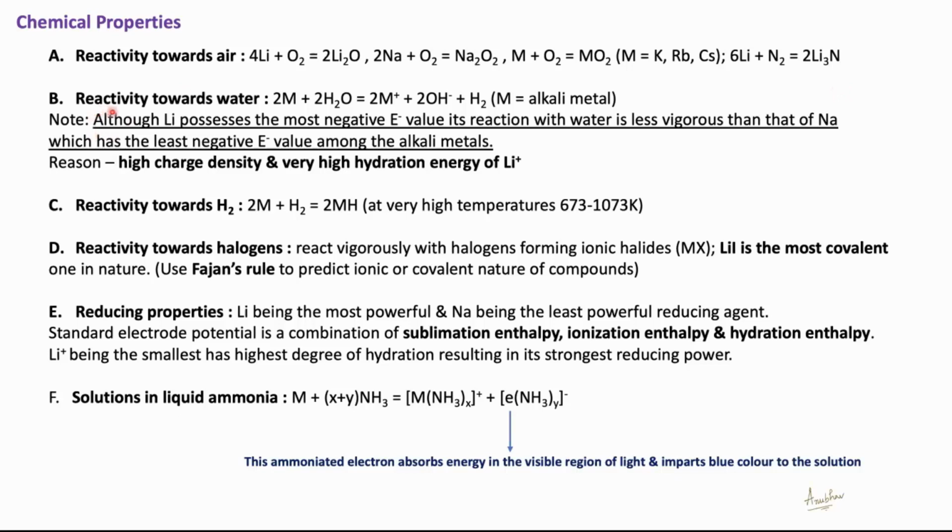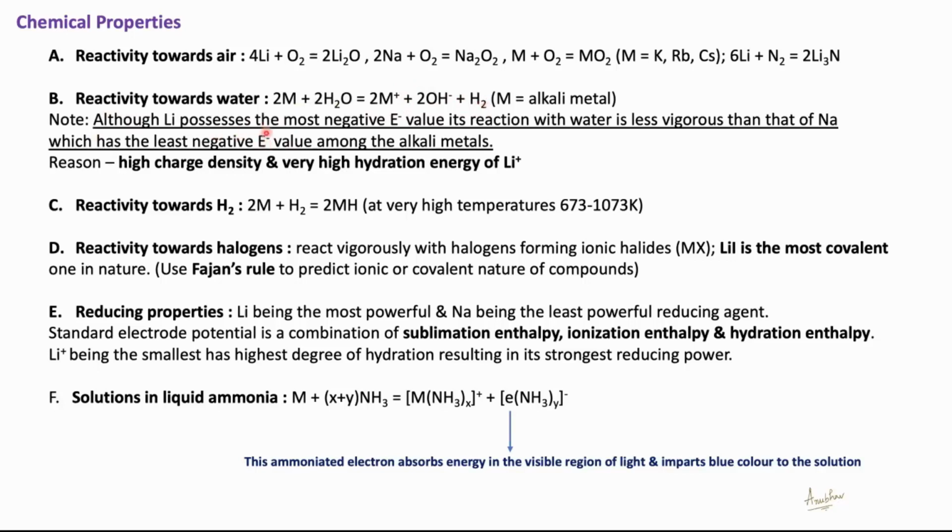Now the next one is the reactivity towards water. All the alkali metals dissolve in water to produce the corresponding alkali, and molecular dihydrogen is released, where M is the alkali metal. This is the equation: 2M plus 2H2O producing 2M+ plus 2OH minus, that is the alkali, and molecular dihydrogen.